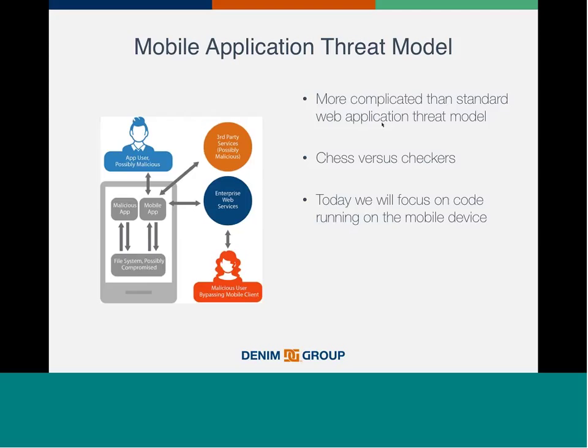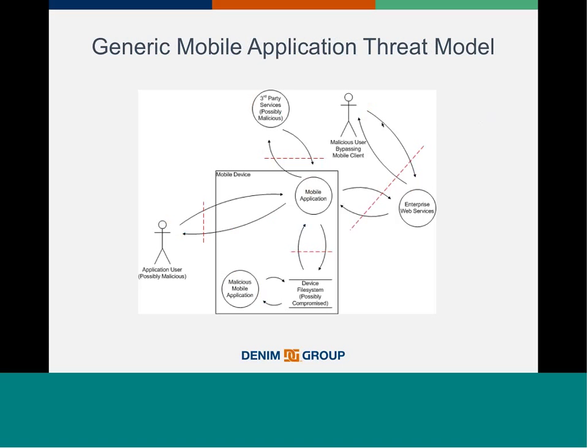But for the purposes of today, we're going to be focused on the code that's running on the mobile device and the capabilities that the different mobile device platforms have to help enforce the security requirements. Now, this is a slightly more detailed view of the threat model, but again, at the center, you have code running on the mobile device, the mobile application that you create.